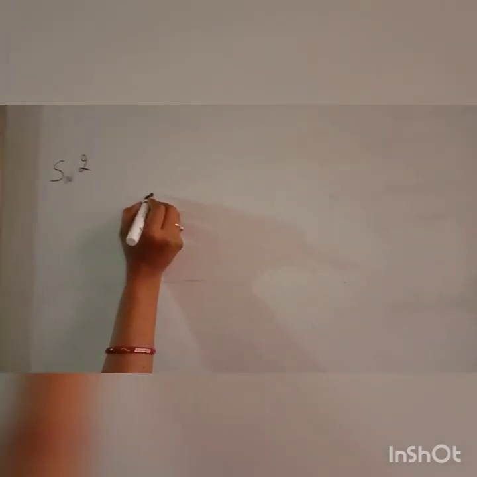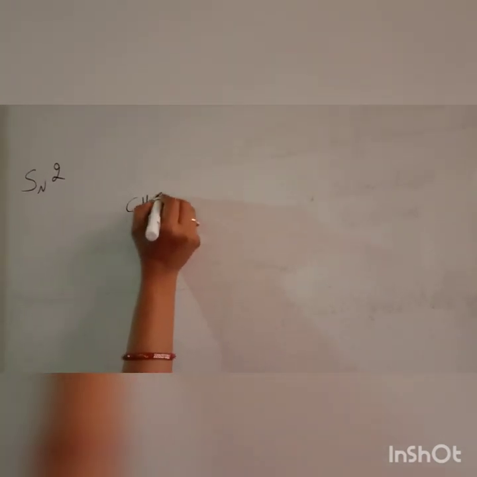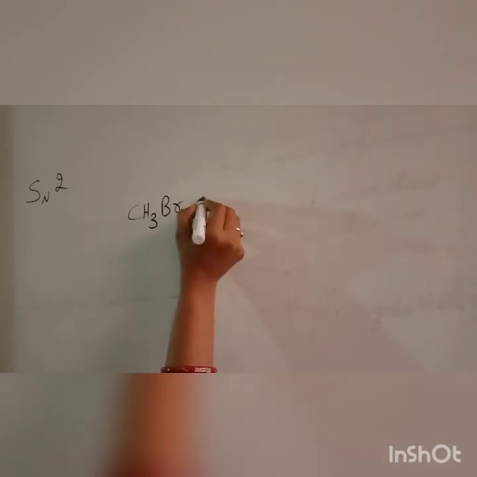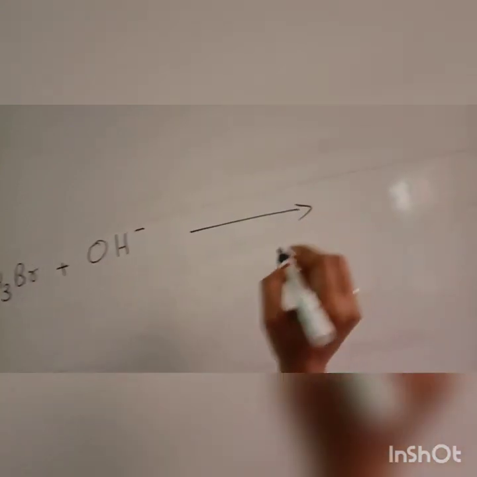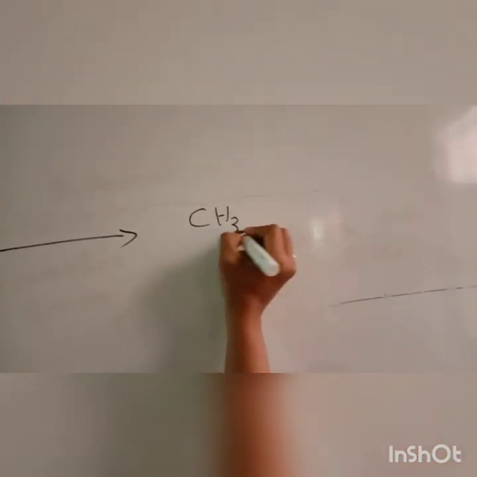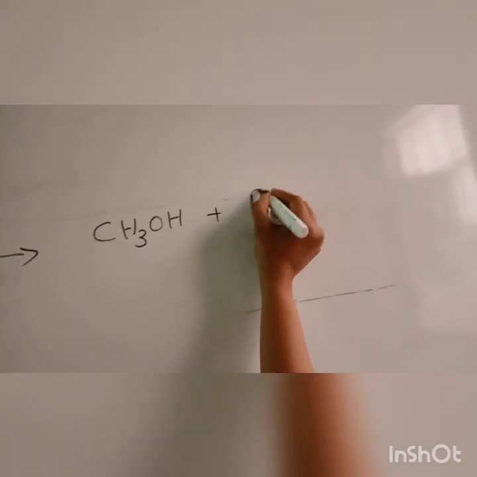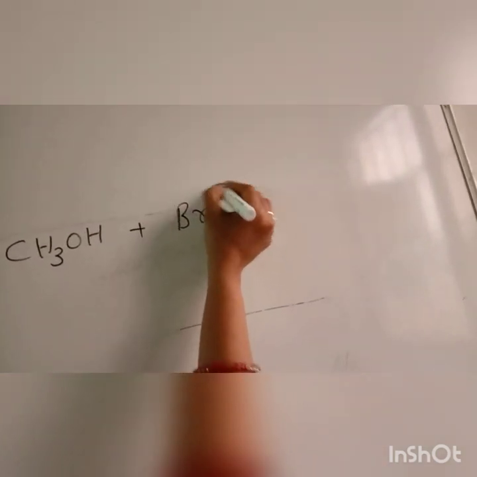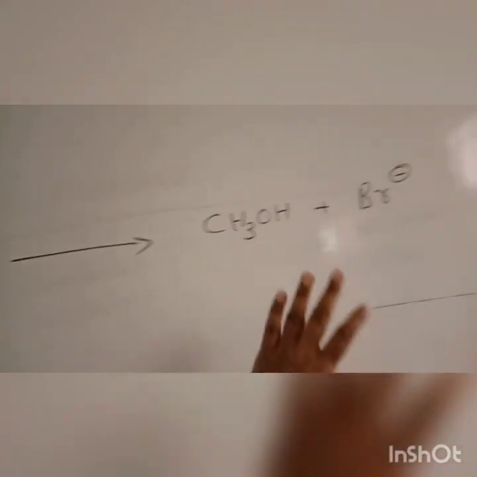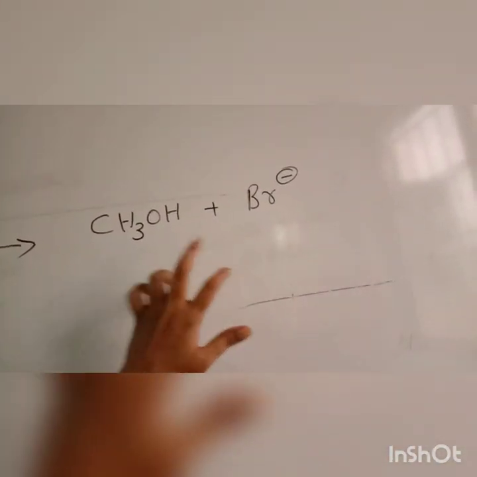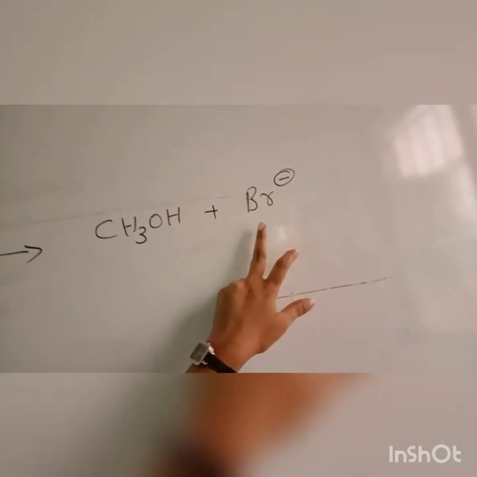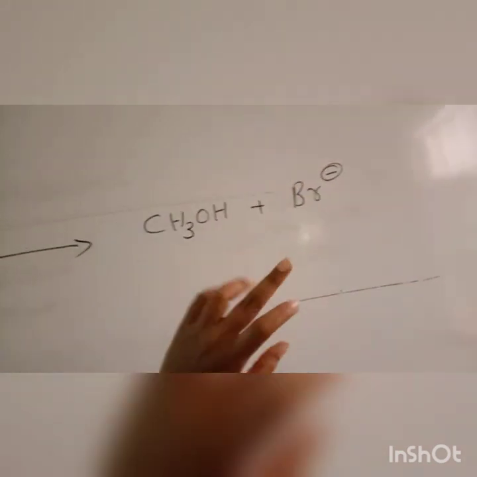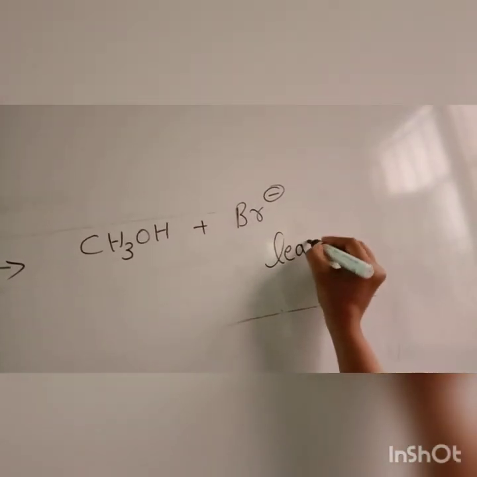The example for this reaction is methyl bromide. When I make methyl bromide react with the nucleophile, I get the product alcohol, and the bromine comes out as the bromide group. This halide group is also called the leaving group.